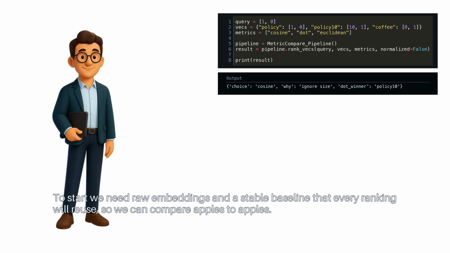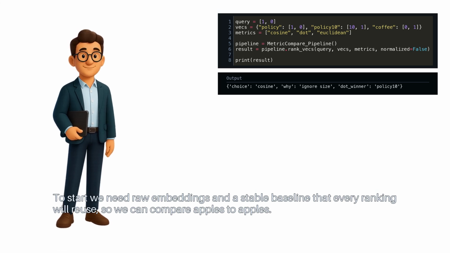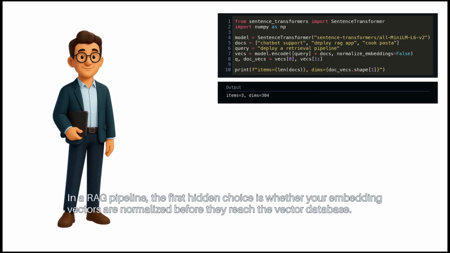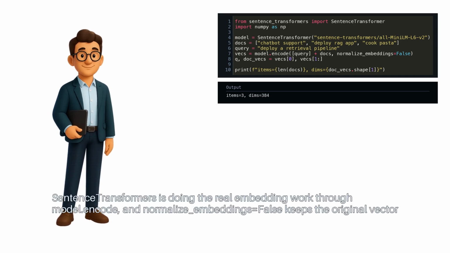To start, we need raw embeddings and a stable baseline that every ranking will reuse, so we can compare apples to apples. This snippet creates the raw vectors that every later ranking will reuse. In a RAG pipeline, the first hidden choice is whether your embedding vectors are normalized before they reach the vector database.